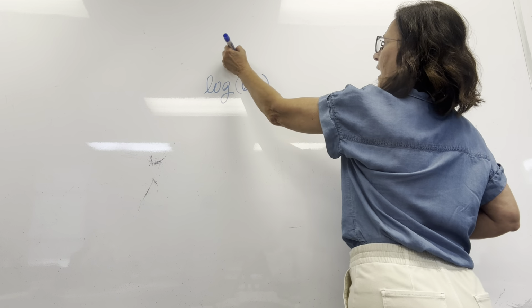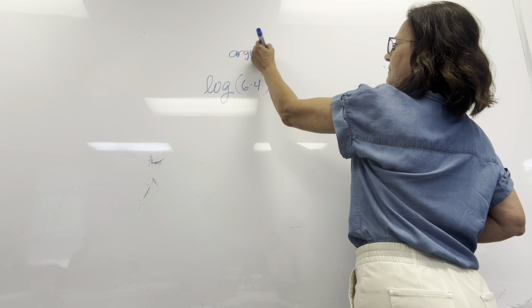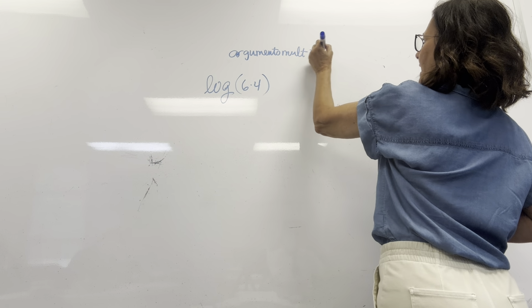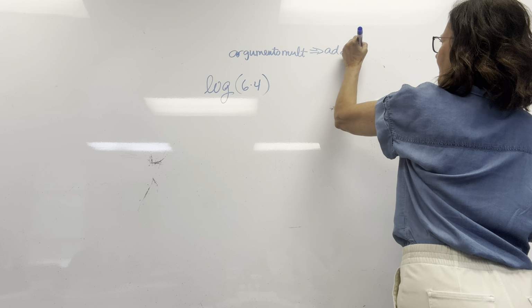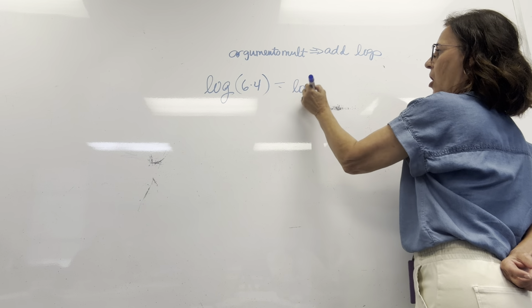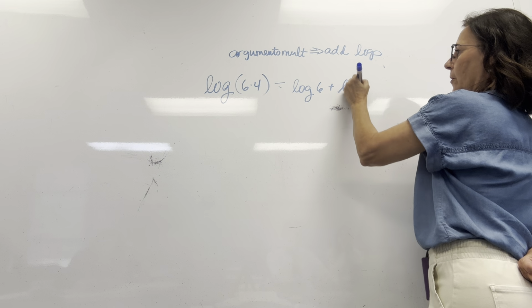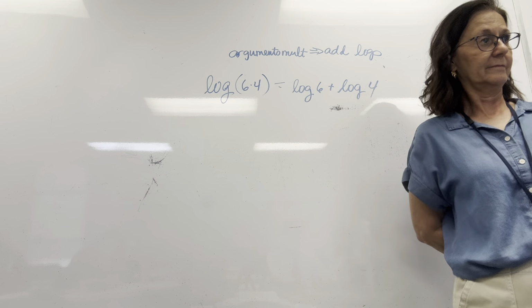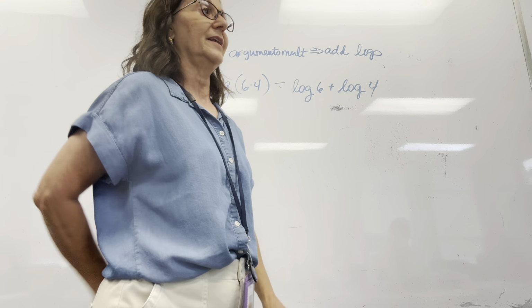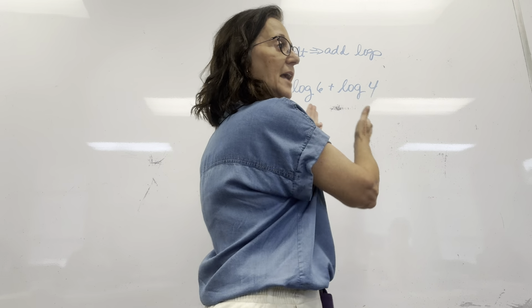Arguments multiplied means that we can add logs. So that equals the log of 6 plus the log of 4. So when your arguments are multiplied, you can add them as separate logs.